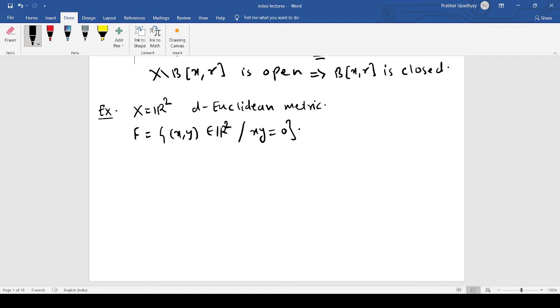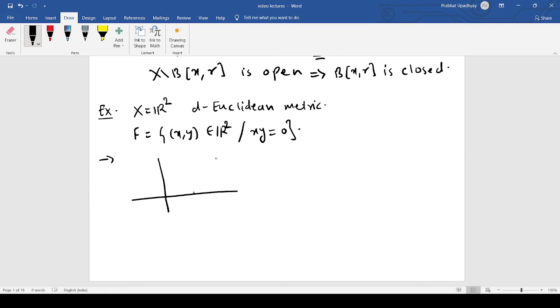We want to find out, is our set F a closed set in R2. Observe, your product x times y will be 0 if and only if either x is 0 or y is 0. Therefore, your set F represents the x and y axes in your R2 plane.